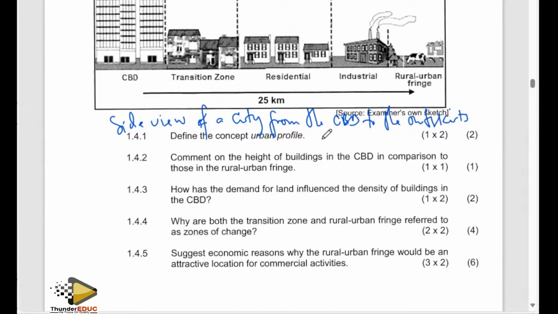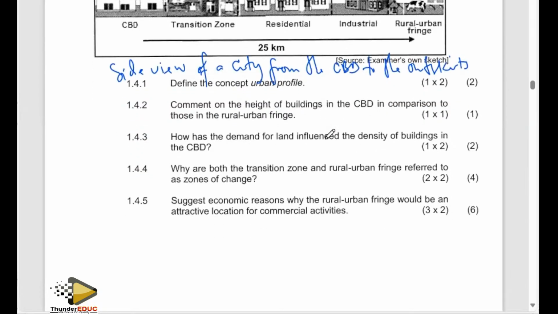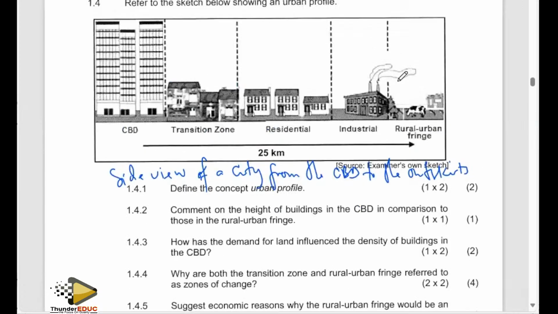We go on to question number 1.4.2. Comment on the height of buildings in the CBD in comparison to those in the rural urban fringe. Right, we are comparing this against this. It's clear here, these buildings are tall.